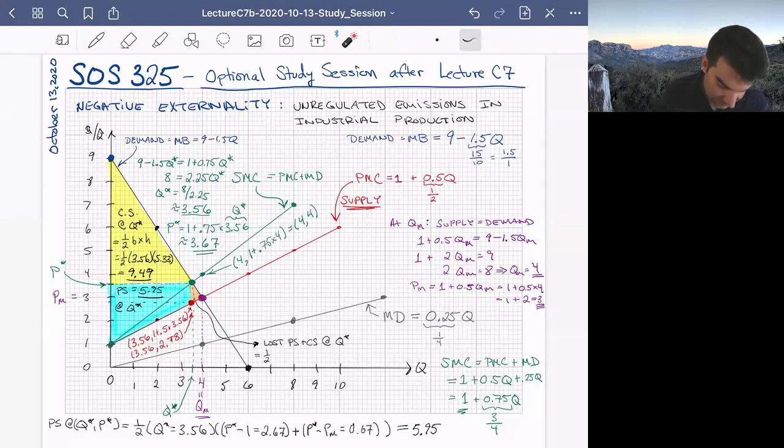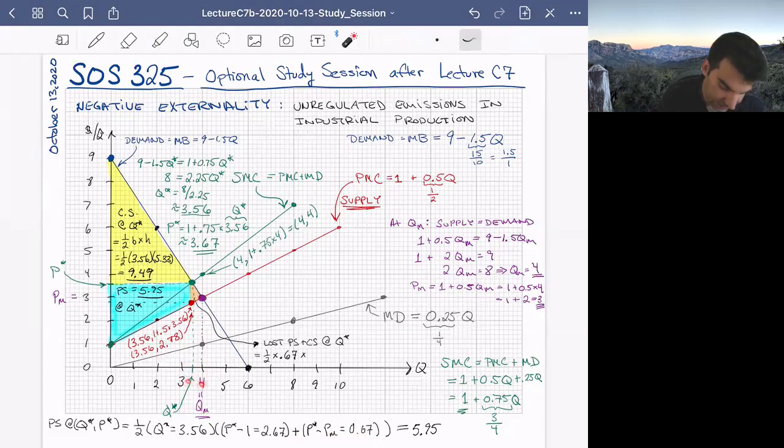And so the base here is just going to be equal to P star minus PM, which we already did down here, right here, P star minus PM. That was already done. So that's 0.67, so I can do 1/2 times 0.67. And then the height of this thing is just going to be equal to QM minus Q star. So this here is the height, QM minus Q star.